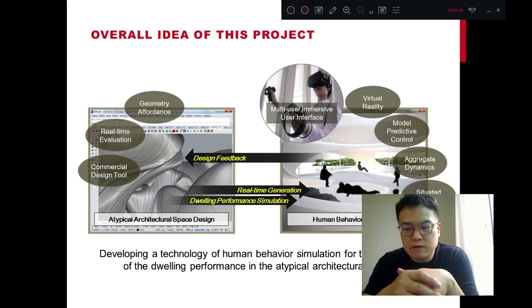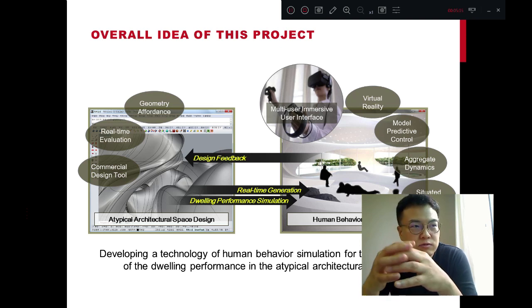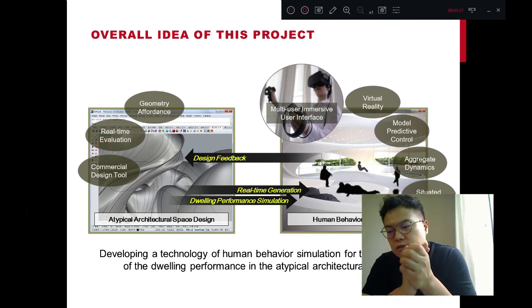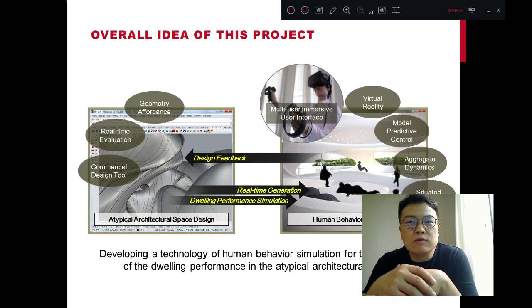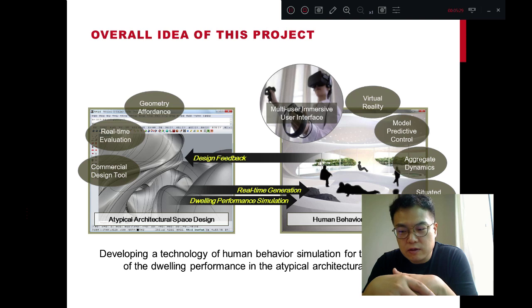If the architect evaluates the human factor, human behavior, in the middle of the design stage, they can make a better design for human behavior, human convenience and safety. This is the idea of this whole project.